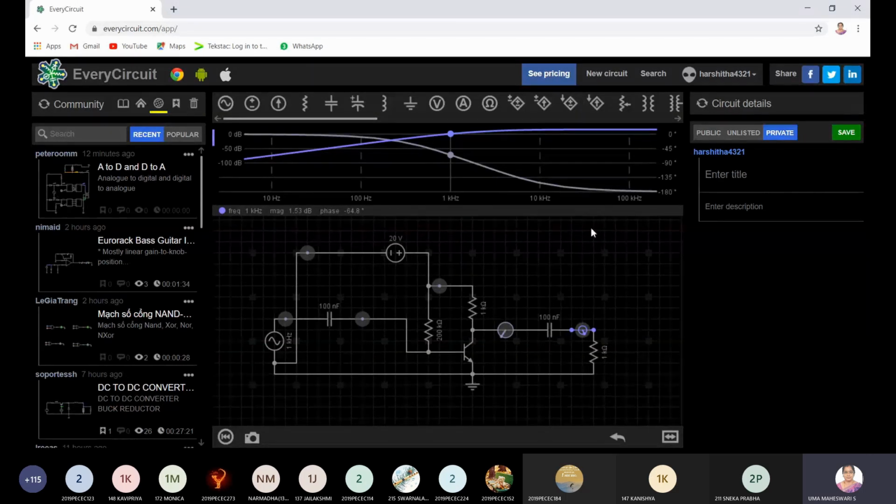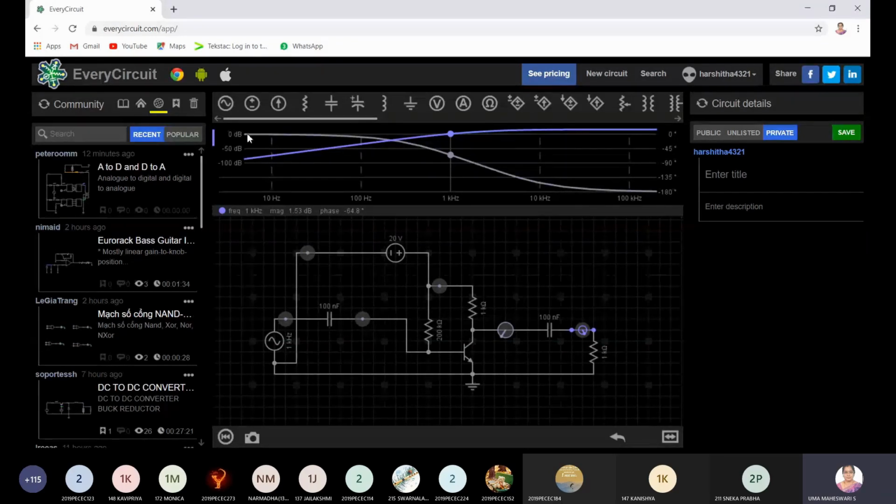So if you see, the x-axis will be frequency. As I told you, your frequency analysis is with respect to the Bode plot, okay? That means all your frequencies will be in the decade arrangement. So all your frequencies will be in multiples of 10, right? So that's why it shows 10 Hertz, 100 Hertz, 1 kilohertz, 10 kilohertz, 100 kilohertz like that.